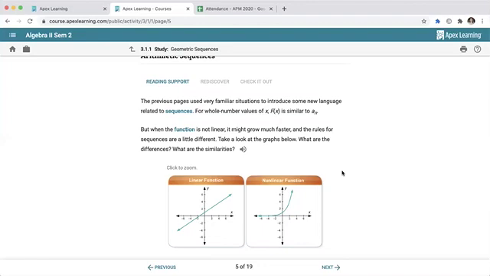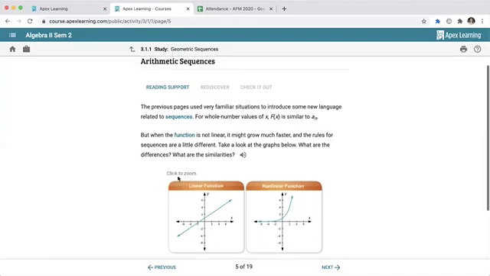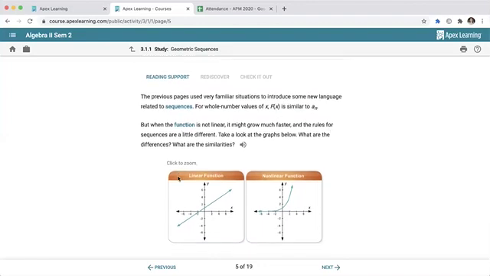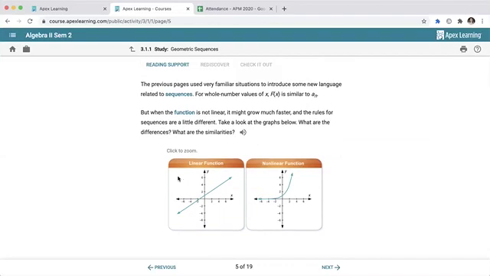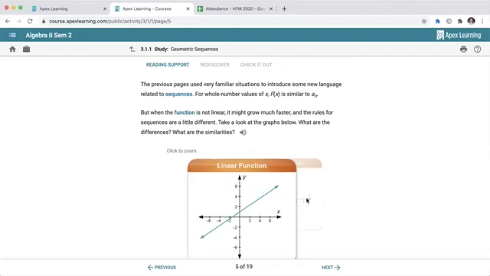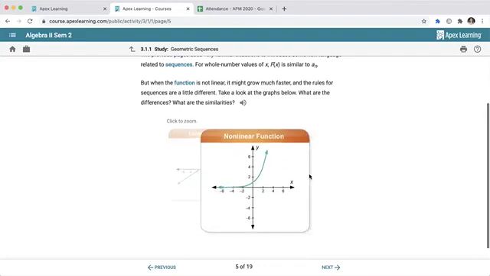Obviously, we also looked graphically at what this means. Just to remind us, when the function is not linear, it might grow faster. If we look here, we've got a linear function and then a nonlinear function.